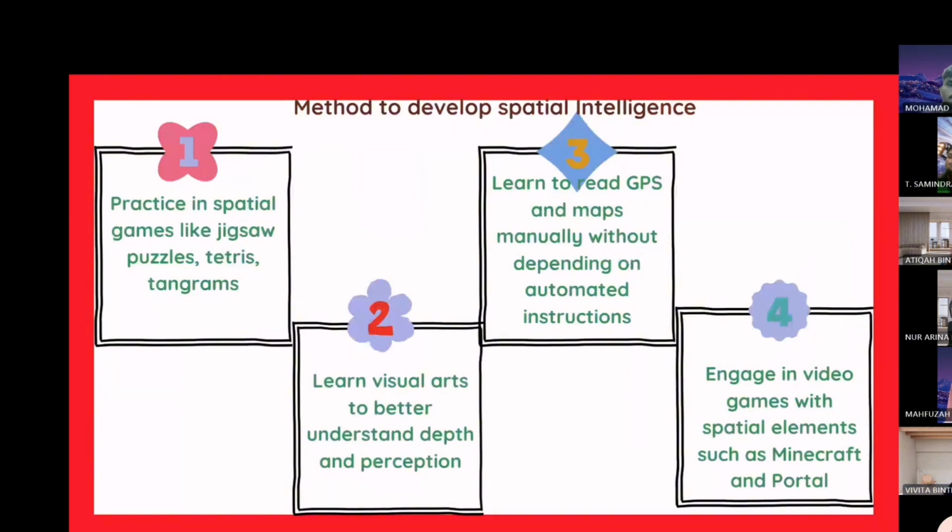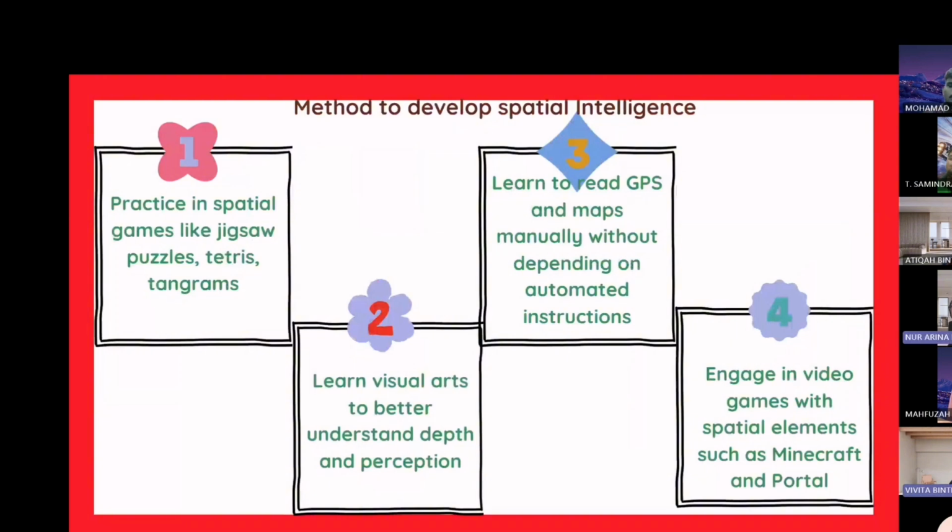Okay. Let's look at some practical methods we can all use to develop and enhance this valuable skill. Firstly, engage in spatial games. Simple yet effective activities like jigsaw puzzles. Secondly, learn visual arts.